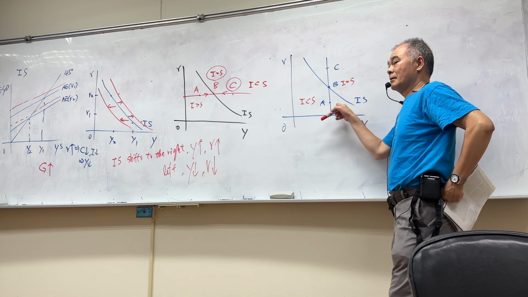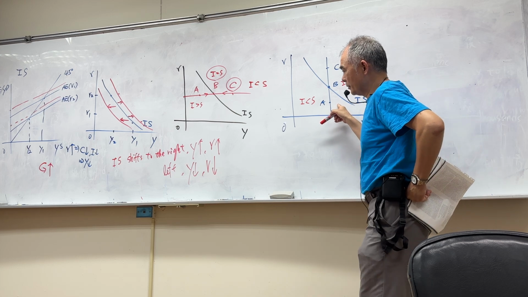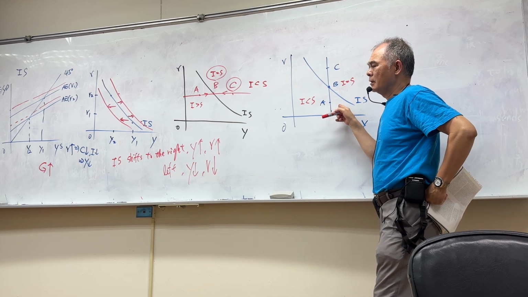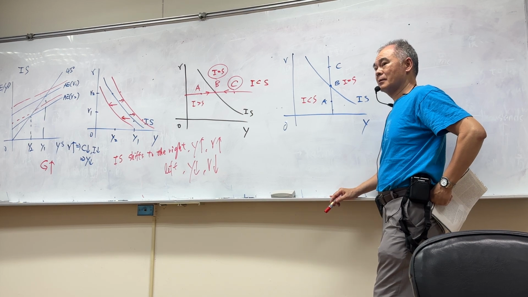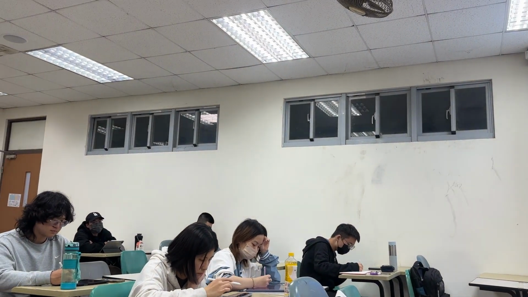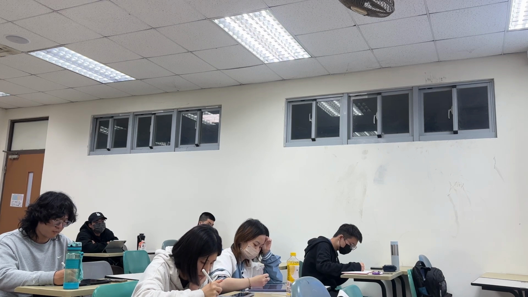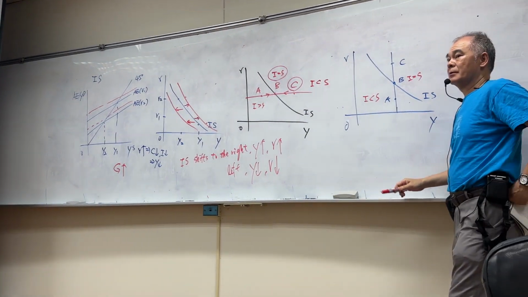Income is fixed, and at this point I is equal to S. So what's the difference between A and B?